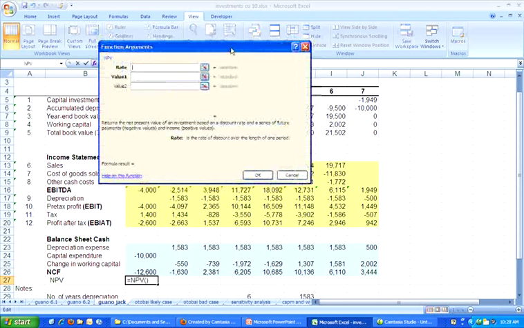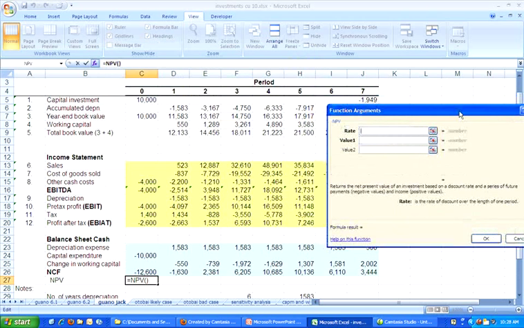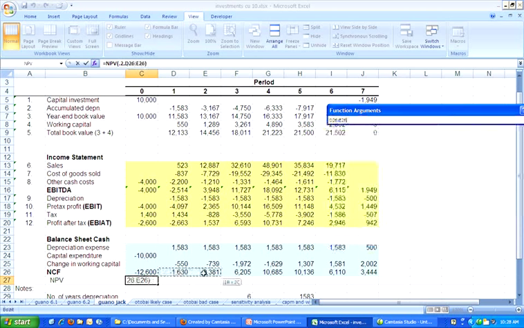The example in the book has the company with a discount rate of 20%. So I'm going to put 0.2 in as our rate. The cash flow values are the values or the cash flows for years 1 through 7.